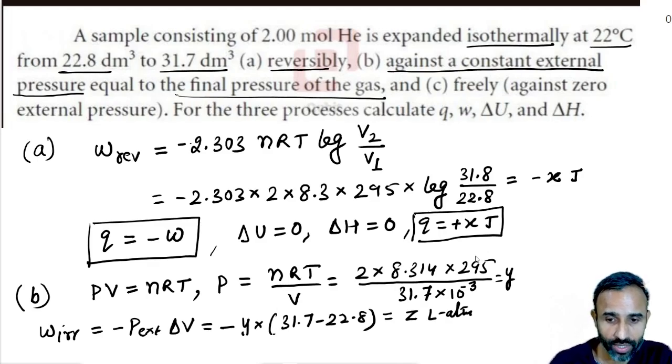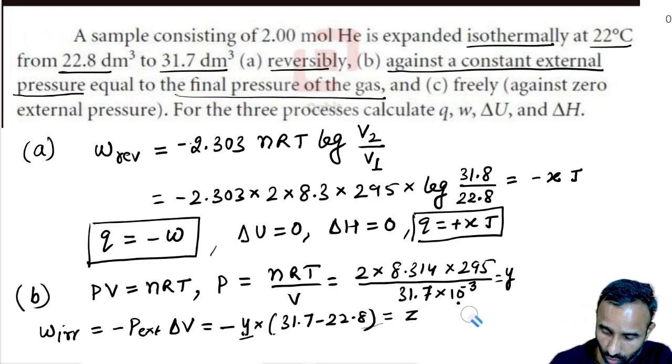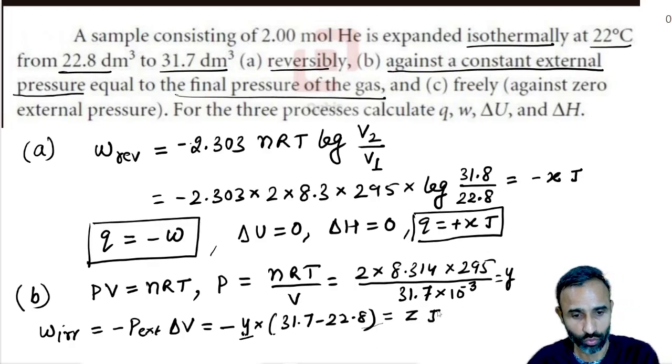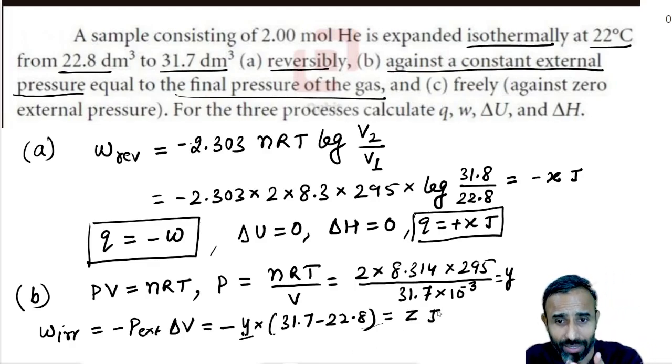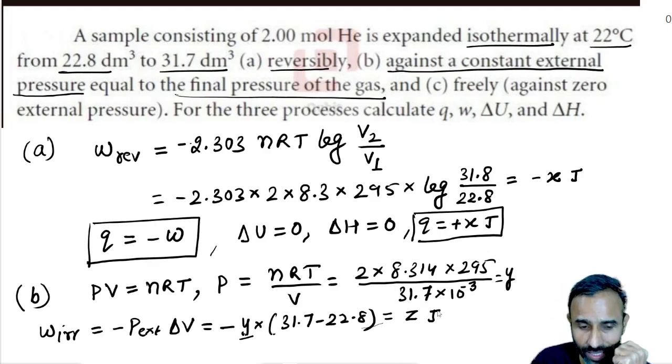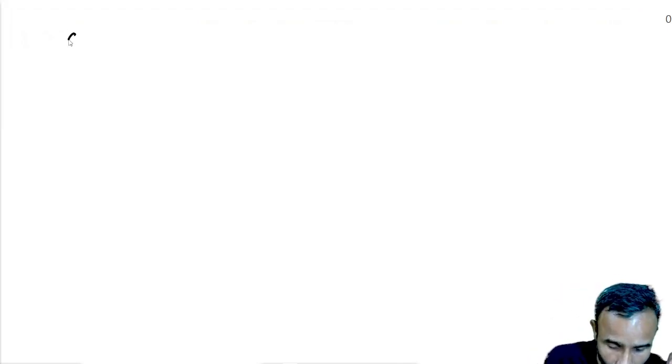So that can serve the purpose. So in this way you will get pressure in Pascal, and the value comes out in joule. You can do it both ways. And again it is isothermal, so delta U and delta H remain the same, right? Now come to part C.